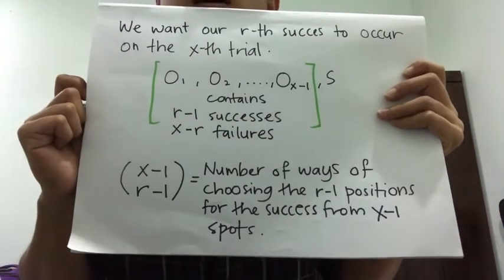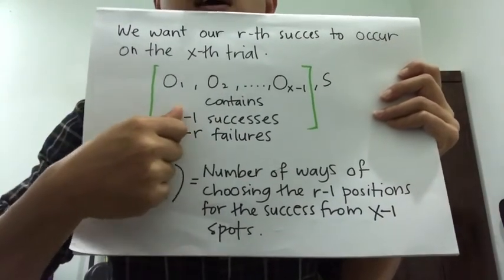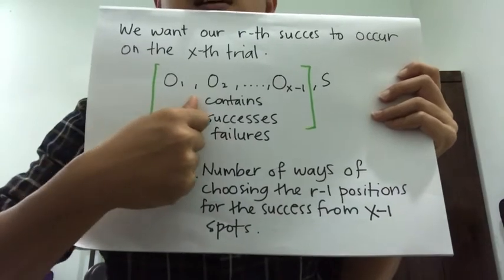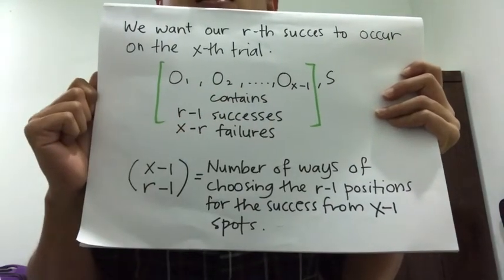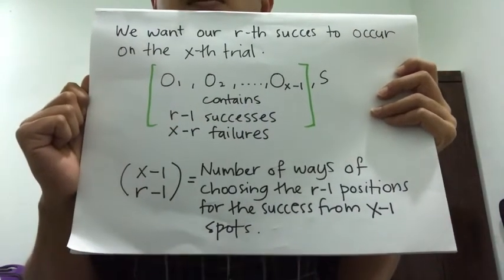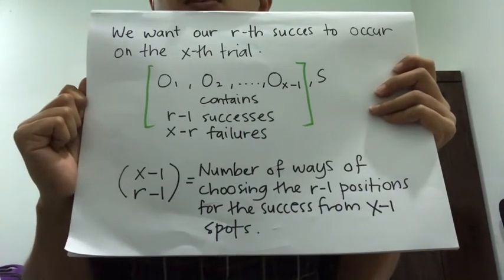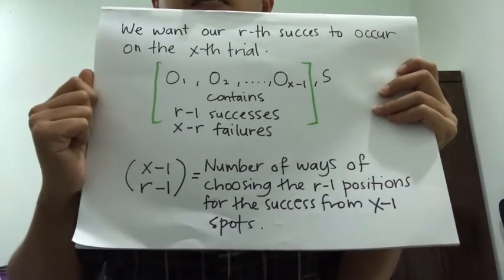We do not really care how the R minus 1 successes are scattered in the X minus 1 trials. What really matters is the number of ways to do the scattering.